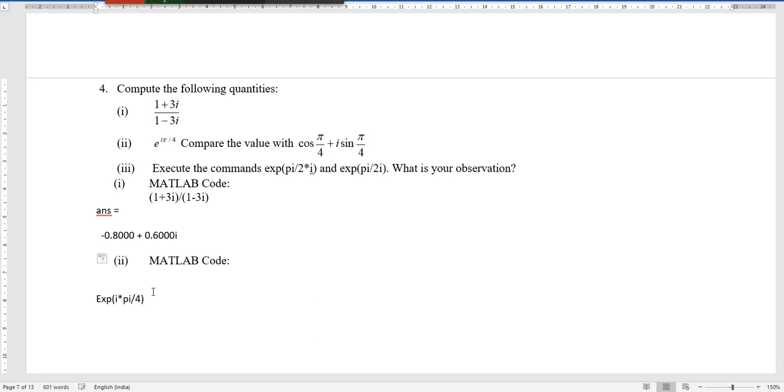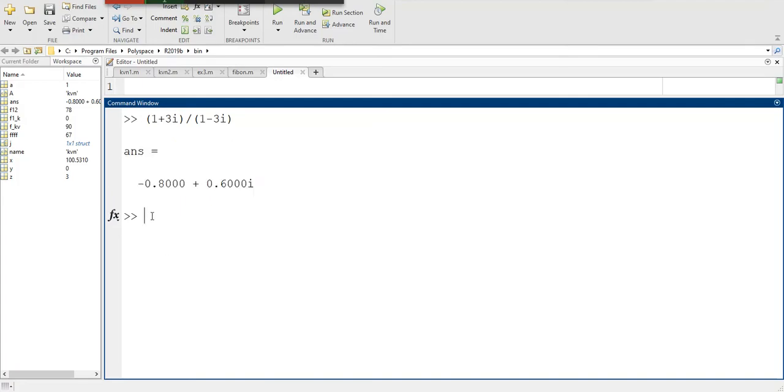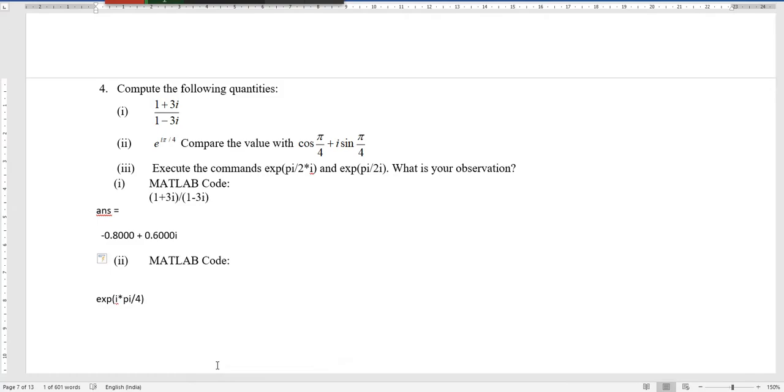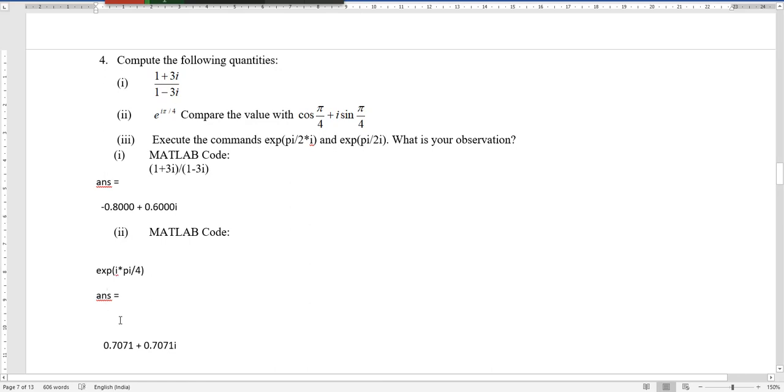This is a small e. Then we will calculate the value. You will get some value, just copy the value into our record.